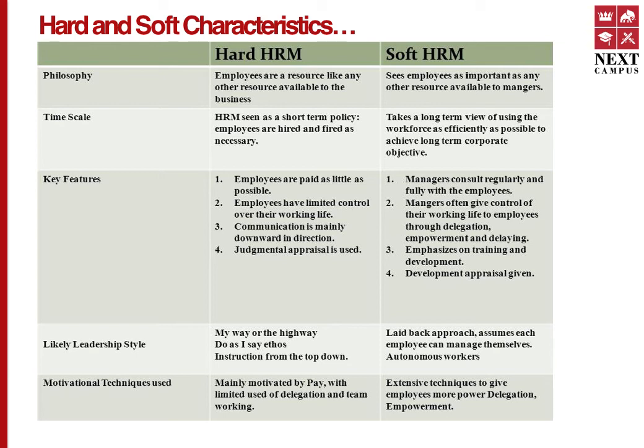The key features of hard HRM are that employees are paid as little as possible, employees have limited control over their working life, communications are mainly downwards in direction, and judgmental appraisal is used. But the key features of soft HRM are that managers consult regularly and fully with their employees. Managers often give control of their working life to the employees by delegating and empowering and getting them involved in the decision making.